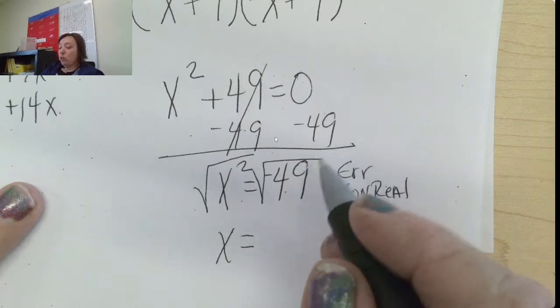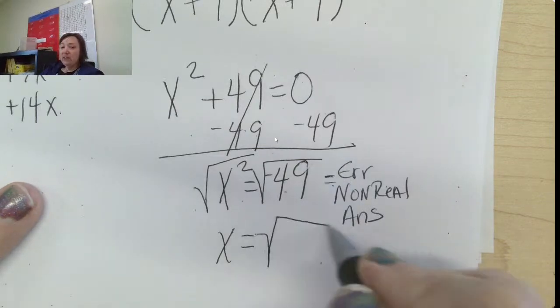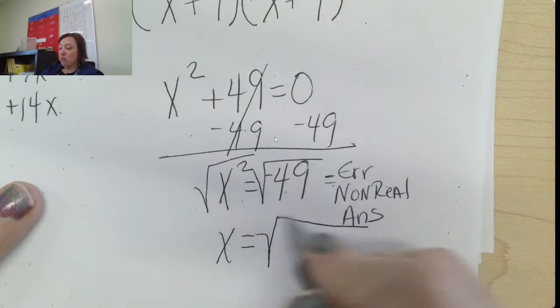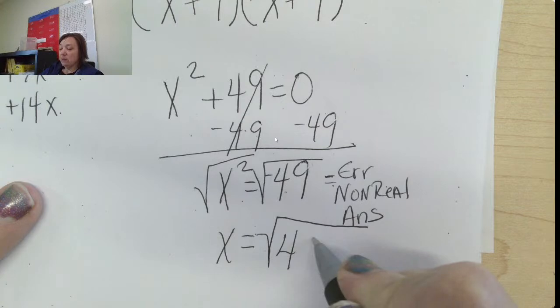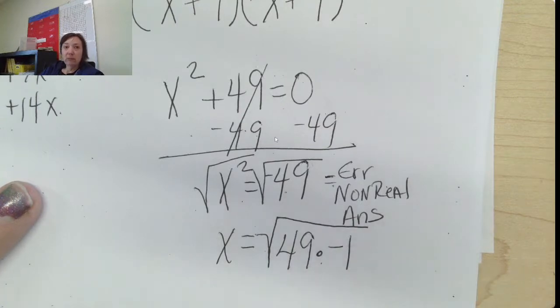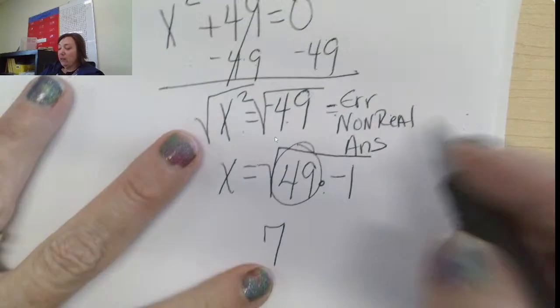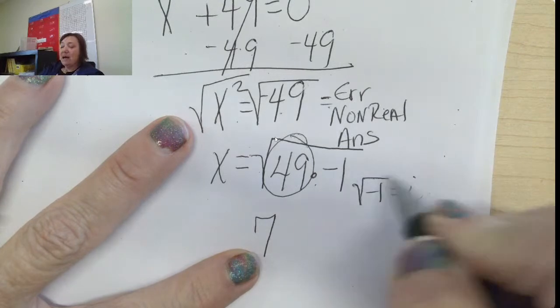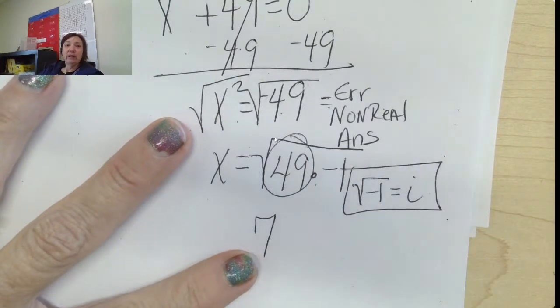Because we can't take the square root of a negative number, we can break this number down into 49 times negative 1. We can take the square root of 49. The square root of 49 is 7, right? The square root of negative 1 is i. i is an imaginary number.